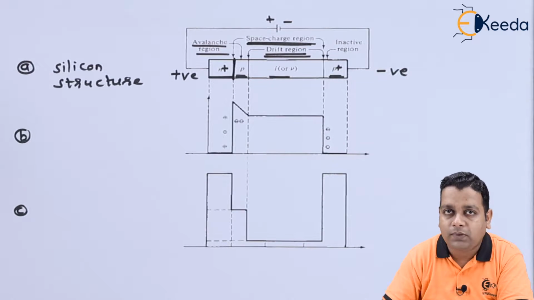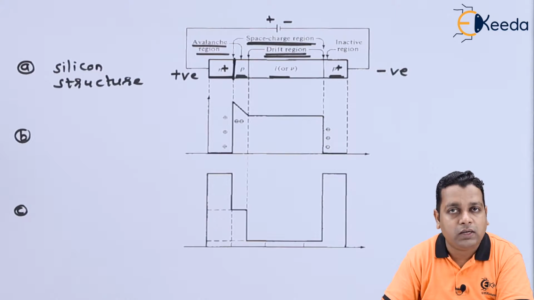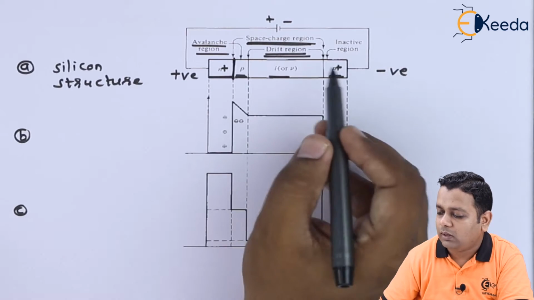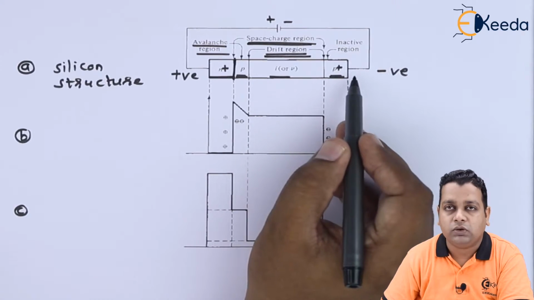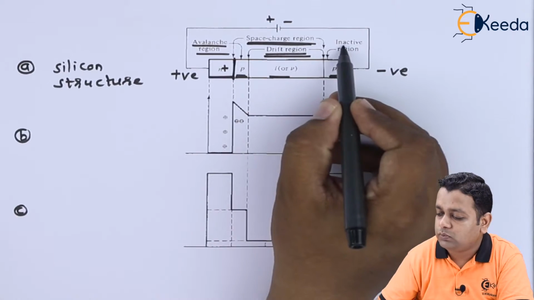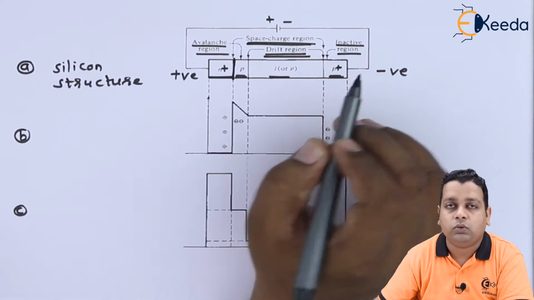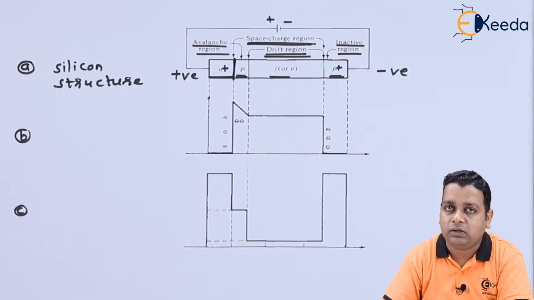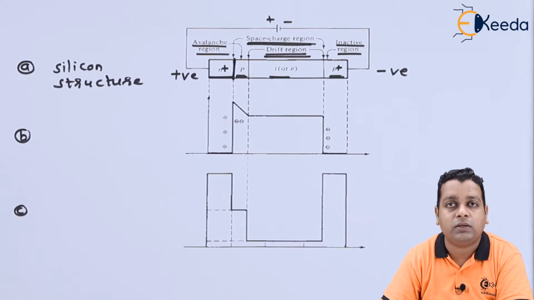In the device operation, the last region P plus has a very minimal role, just to collect the high field domain and get the procedure completed. Hence we call this region not very active in the device operation, so we name it the inactive region.